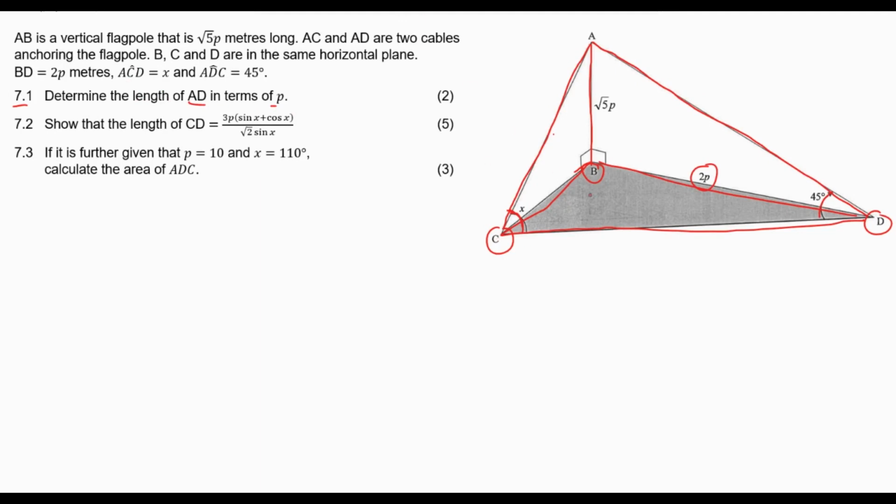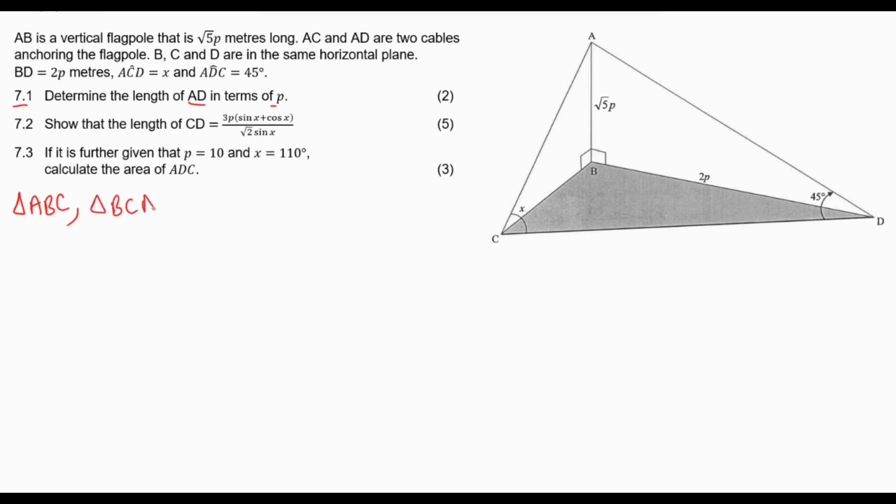Right, when you're doing 3D trig, it is very important that you identify the triangles. Which triangles do we have here? We have triangle ABC, which is a right angle triangle. Then we have triangle BCD, which is the one on the ground, and then we have triangle ABD, which is also a right angle triangle.